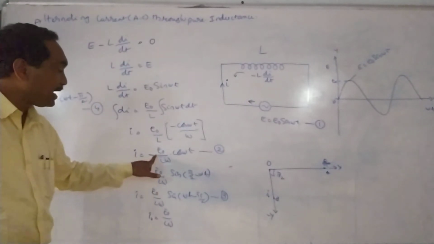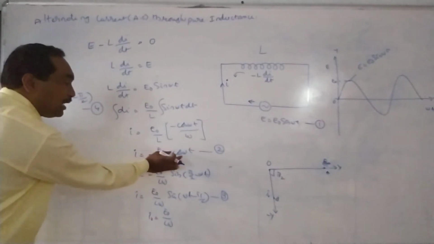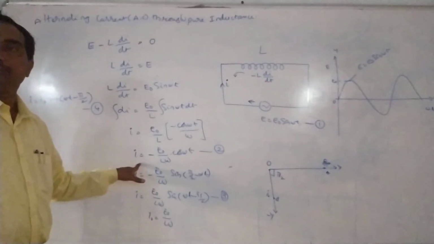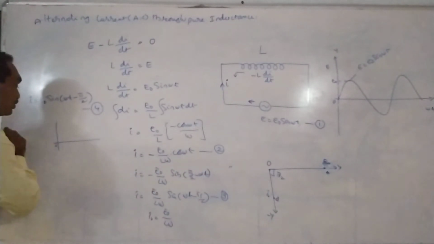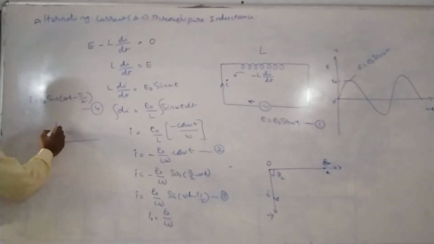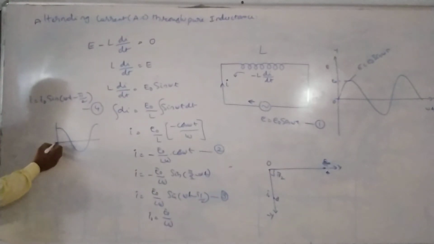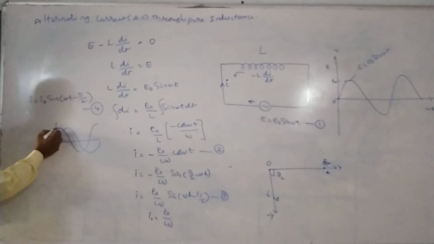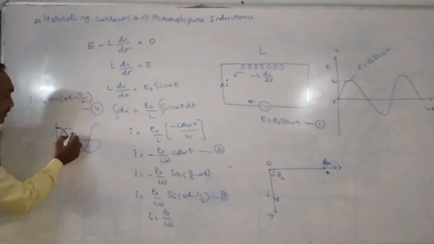That is, I is equal to minus E naught by L omega cos omega t, which is nothing but I is equal to minus I naught cos omega t, because E naught by L omega is equal to I naught. The cos graph always starts at cos 0 is 1, am I right? So it starts here. The sine curve starts at 0 along this direction. The cos curve starts at maximum, that is, here. But there is a minus, so it starts at the minus y-axis.